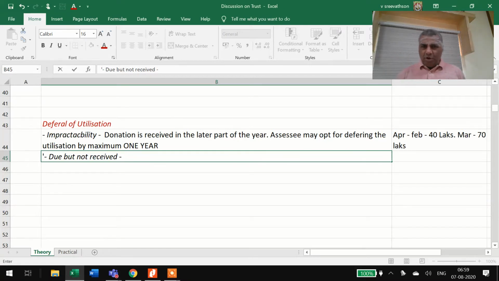I told you fixed deposit is the major form of their asset. So income is accrued but not received. Income is only accrued. How can I use it, sir? How will I use 85% when I don't get the income? When I don't get the income, how do you expect me to use it?